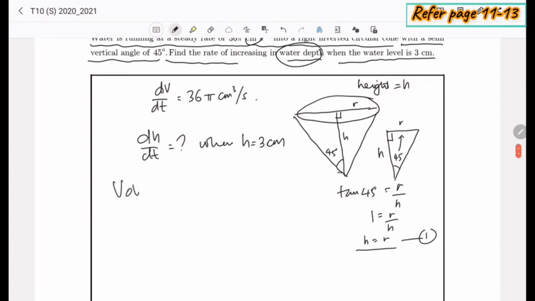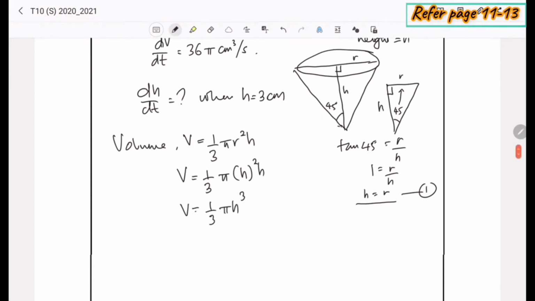So volume V equals 1/3 pi r squared h. So substitute r. So we need the dV/dh. So V equals 1/3 pi, r is h, so we get V equals 1/3 pi h cubed.